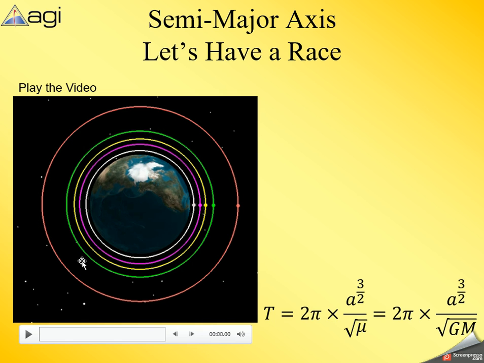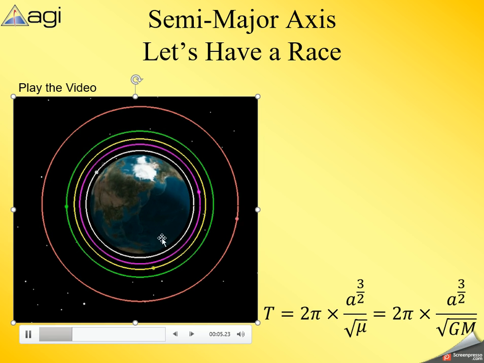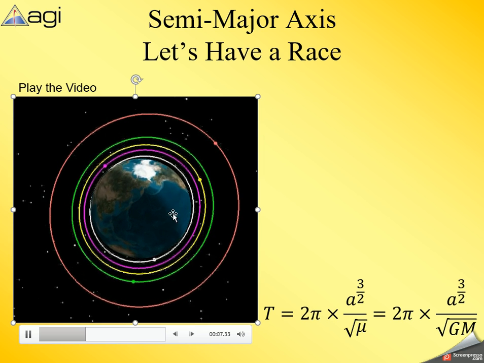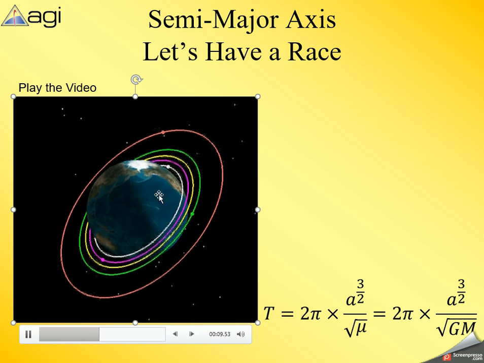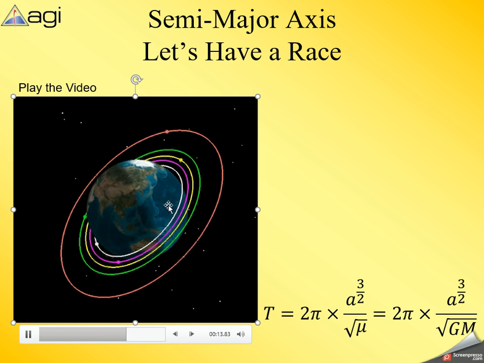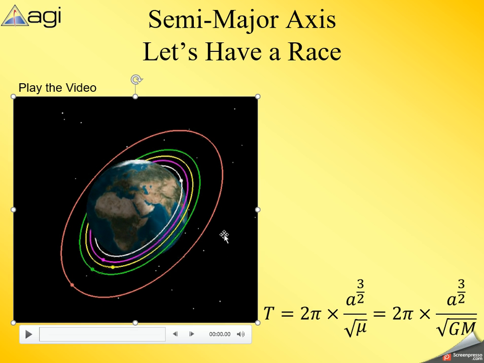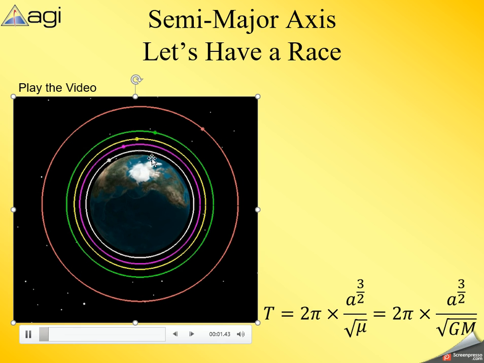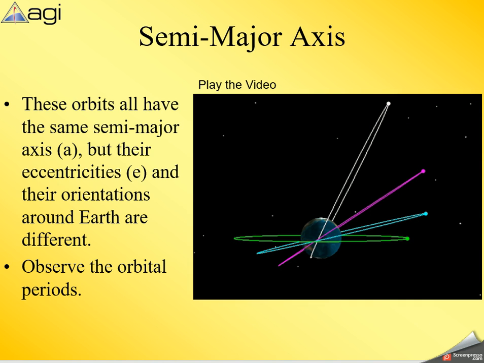As we mentioned before, we can look at all of those points. We're starting out the same, going through the distance, so the circumferences are changing. The one in white is going to rotate quicker, so it has a shorter period. As the semi-major axis gets bigger, the period gets larger, so it takes longer to circle around the Earth. They're all starting in the same place. The larger the circle, the longer it takes to get around.